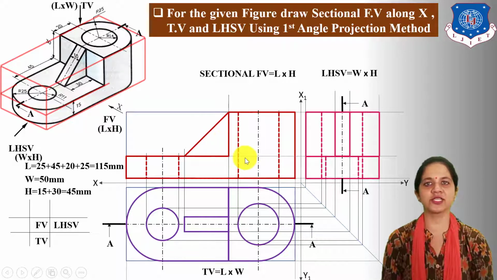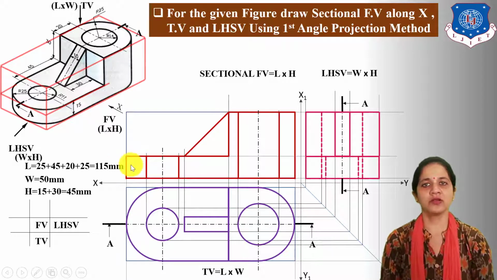Next, draw sectional front view. Now when we are taking section from front direction by taking vertical cutting plane, these two holes are cut by vertical cutting plane. So after taking section, the inner surface of these two holes becomes visible and this surface will be cut by vertical cutting plane.